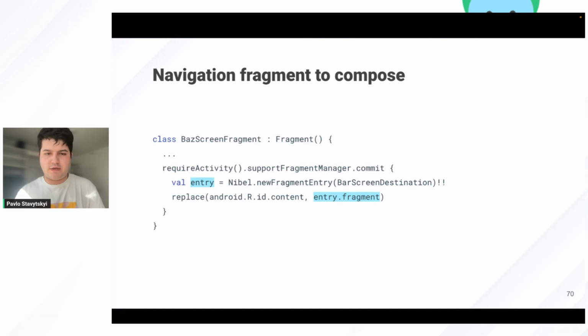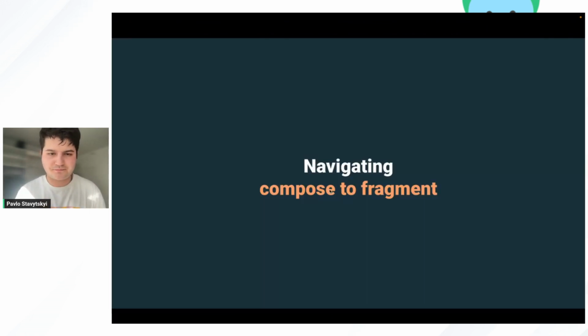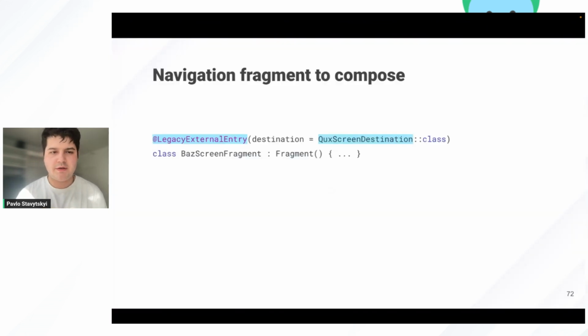In this way, you can have an instance of a fragment entry, which is generated for a compose function, even if that class is in a completely different module. Another thing is navigating compose to fragment. In this case, again, we cannot just reference the fragment directly. Instead, we can use the legacy external entry annotation and put a destination for your fragment.